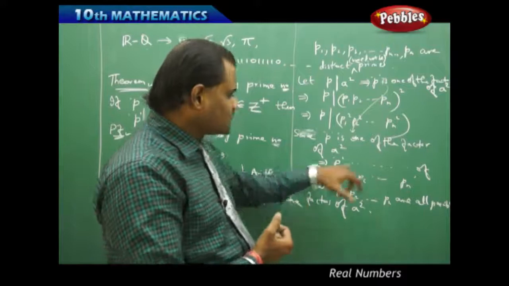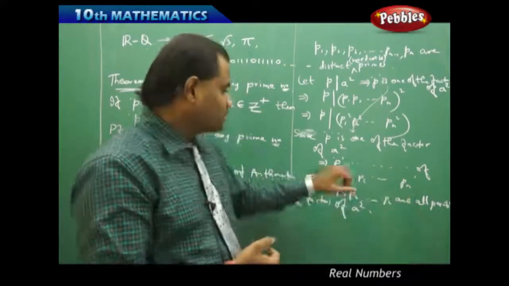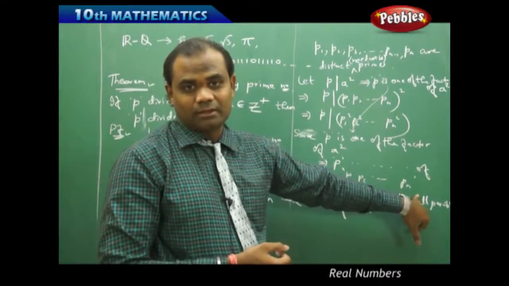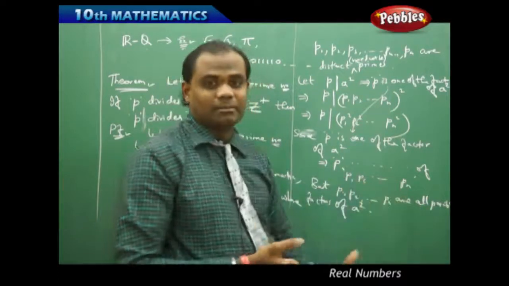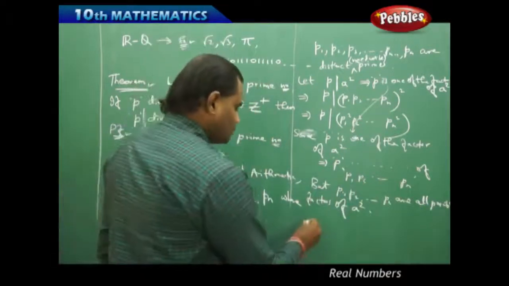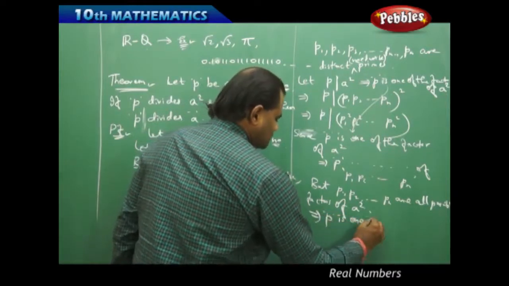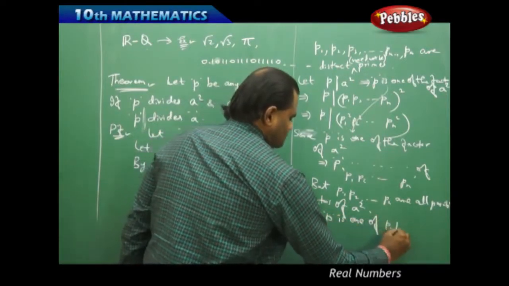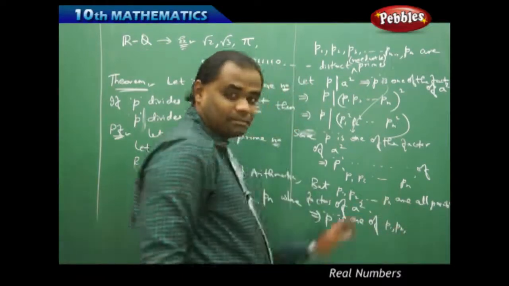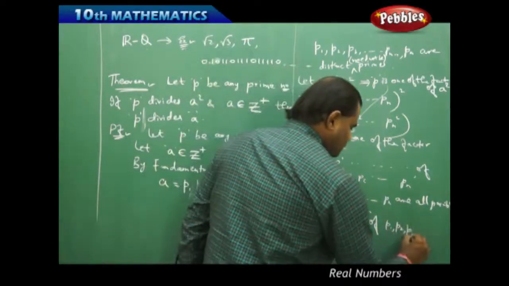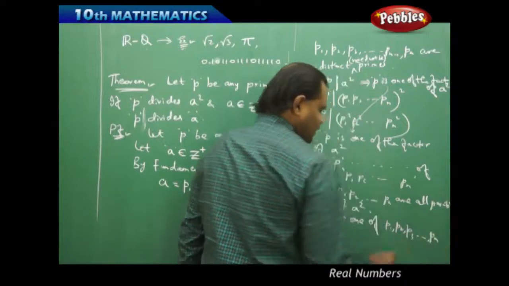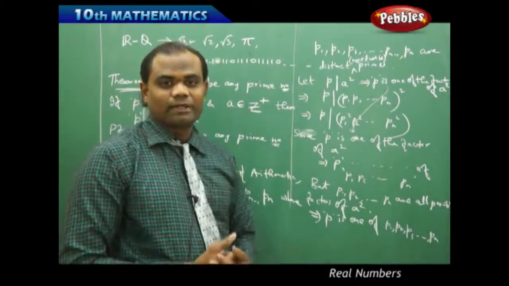When I say that p is one of the factors of a square, that means p should be one among p1 to pn, because these are the only factors available in a square. Therefore, p is either p1, or p2, or p3, or pn. So p should be one of them.